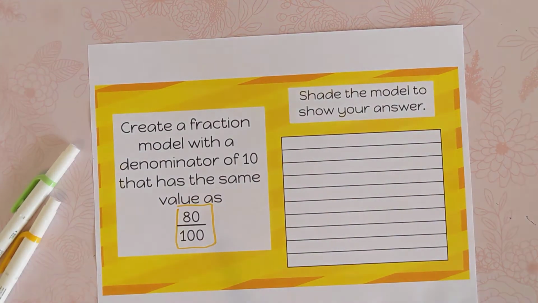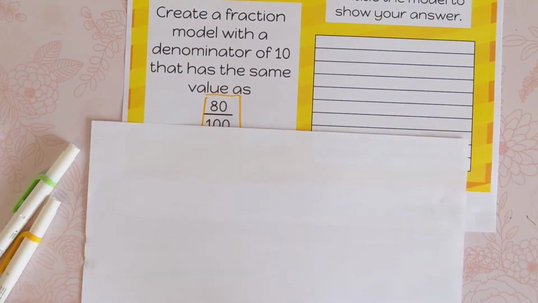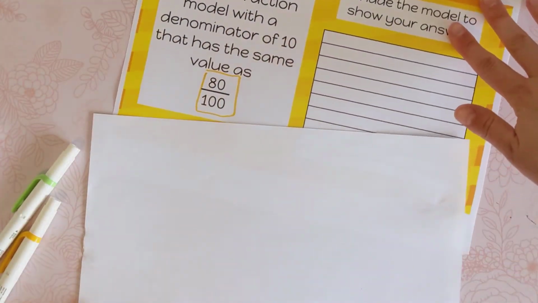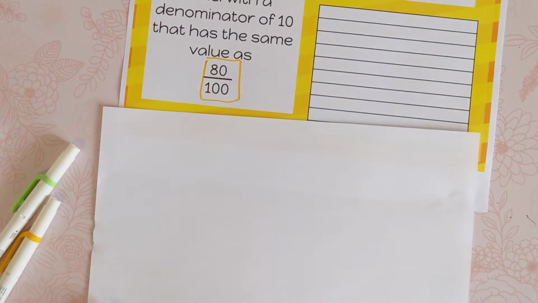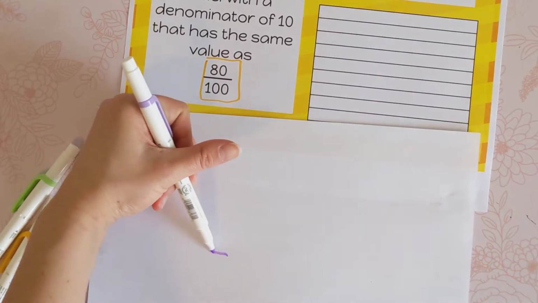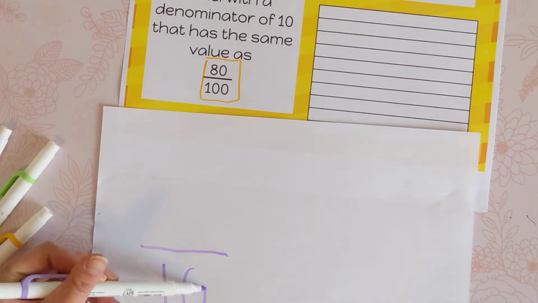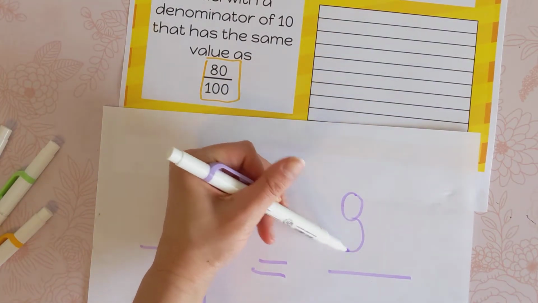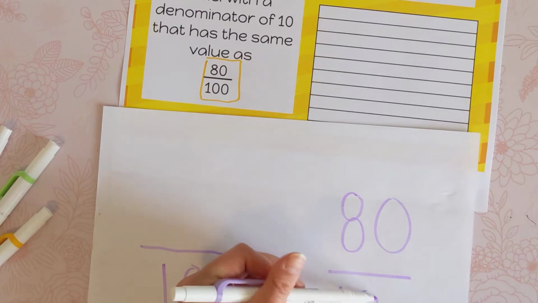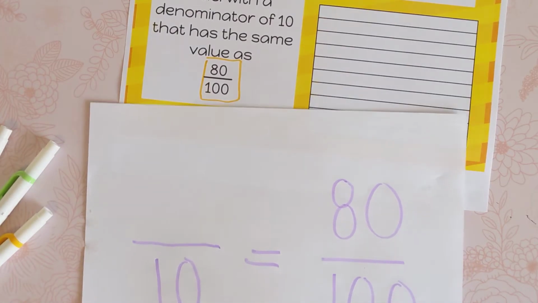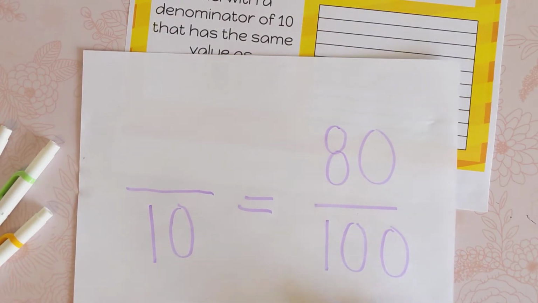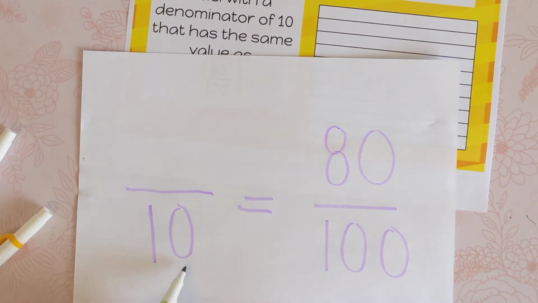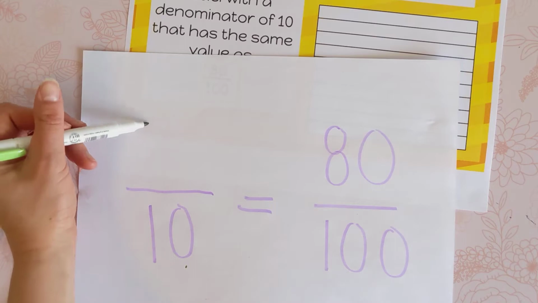So for example, they're asking us to create a fraction model with a denominator of 10 that has the same value as 80 hundredths. When you make an equivalent fraction, you have to do the same thing to the denominator as you do to the numerator.